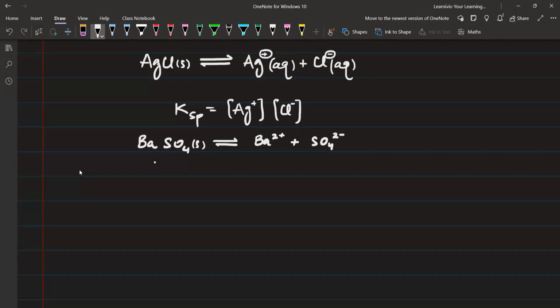The KSP for this particular salt will be equal to the concentration of barium 2 positive into the concentration of SO4 2 negative. Make sense? Yes or no? Please tell me.